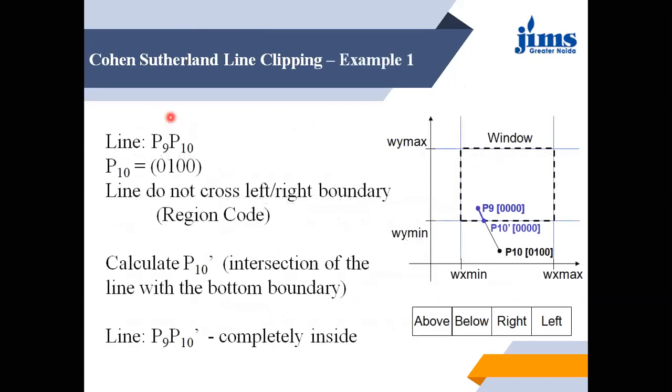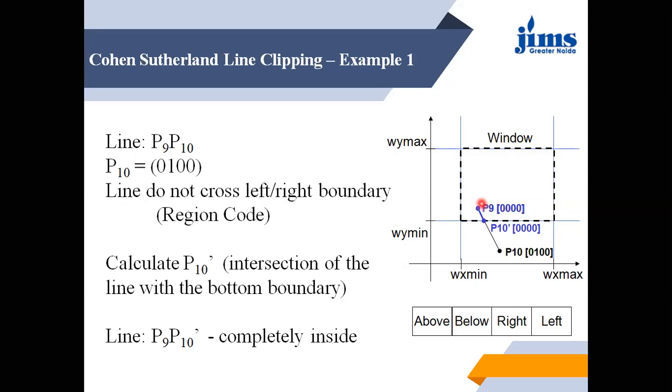So example number 1. In this example we can see that the region coordinates of the line are 0 0 0 0. When we are going to find the coordinates based on region, the region coordinates of the line are 0 0 0 0.